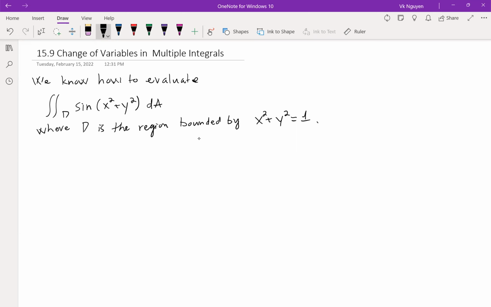To do this, we just have to convert it to polar coordinates.